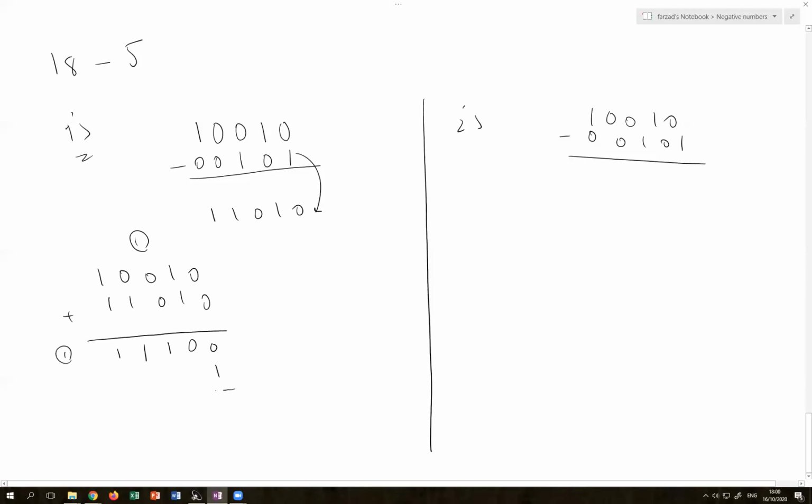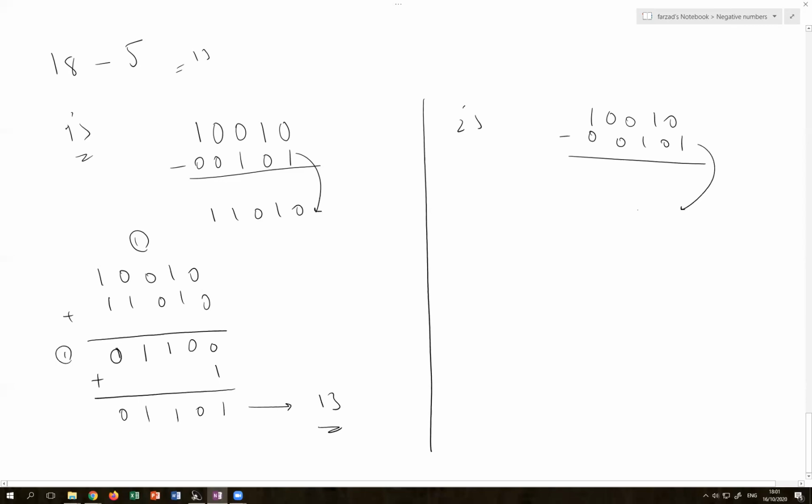If we have carry, we've got to add it here. 1, 1 is 1 carry. 0, carry 1. So 1, 0, 1, 1, 0. What is this number? 1 plus 2, 3. 3 plus 8. So 1 plus 4 is 5. 5 plus 8 is 13. That's correct.